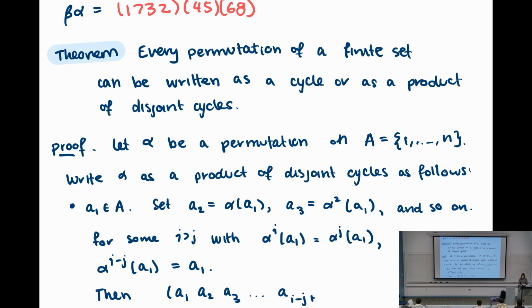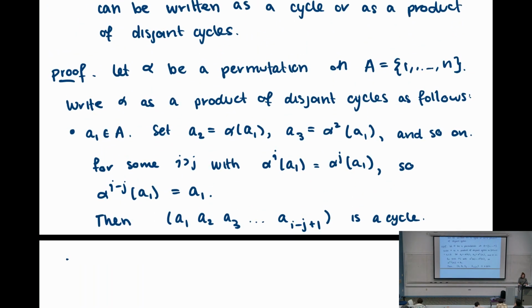A sub i minus j plus 1 would be the one where I have alpha to the power i minus j. So this would be a cycle. And this describes what the permutation alpha does to those elements.